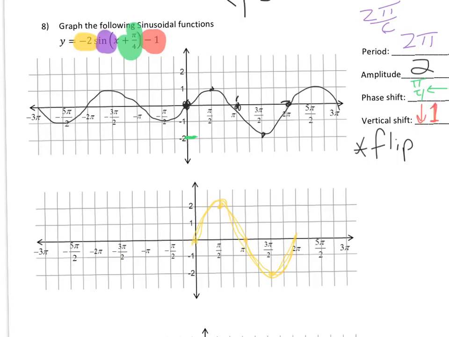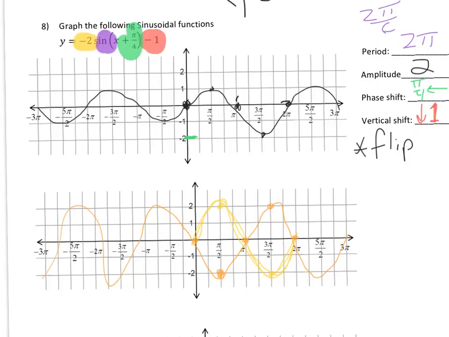Now, what else happens with the negative sign? Everything is flipped. So instead of a height of 2, we will have a depth of -2. I changed my orange slightly. This graph will flip upside down upon itself. So it'll be something like this for our -2 change, and that's a very sloppy continuation.